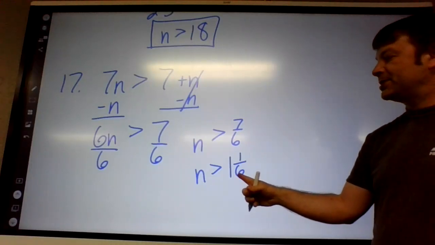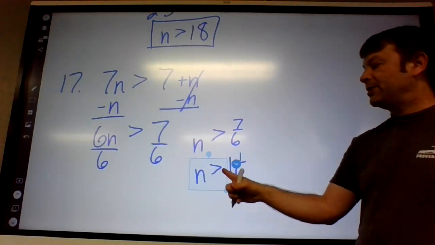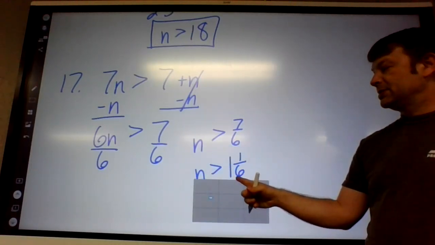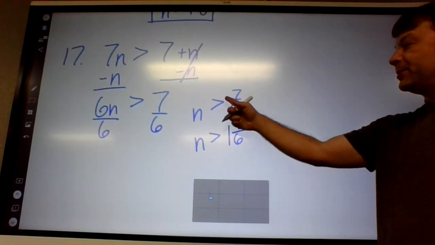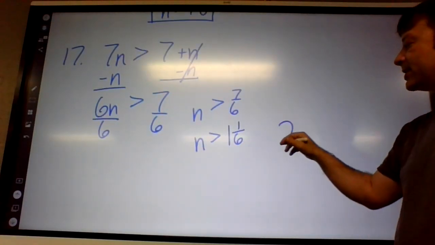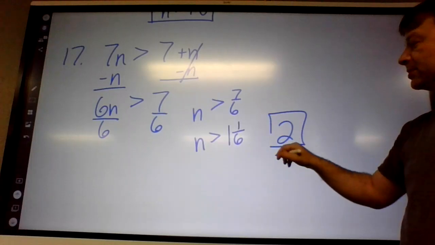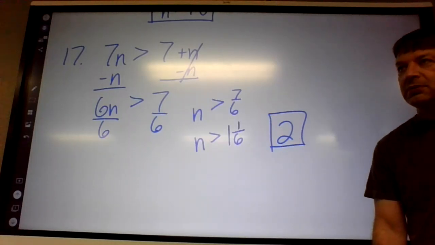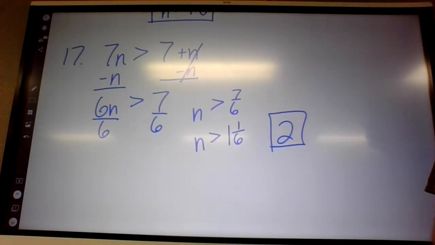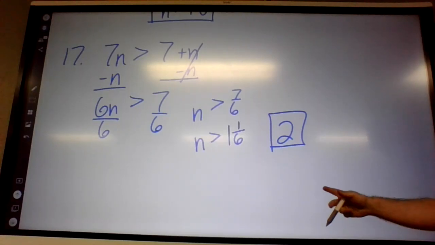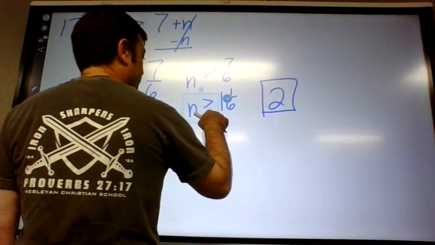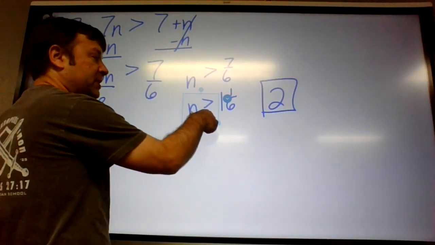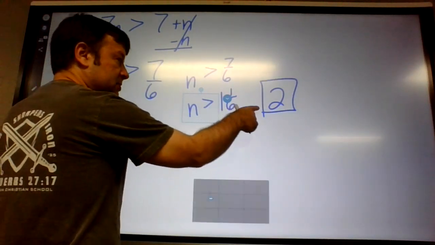What's the smallest number that n could be if it's greater than this? 2. So what they actually wanted is 2. Because 2 is the smallest integer that's greater than 1 and 1/6.